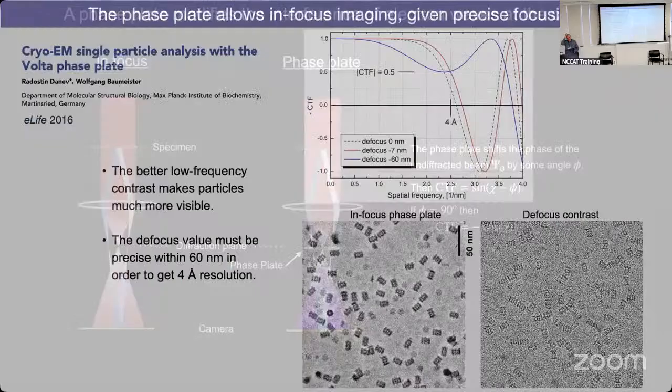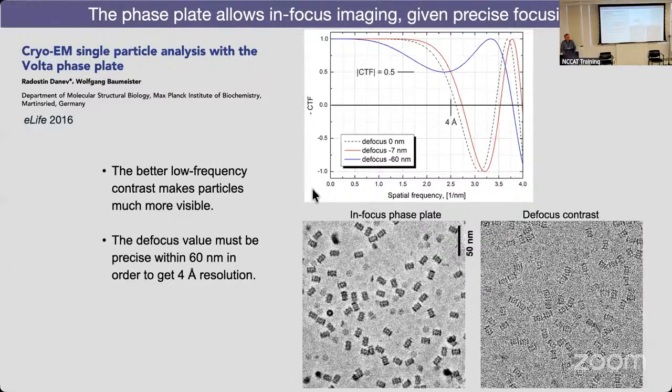So a practical phase plate was invented by Radostin Danev, and this is minus the CTF. This is a plot of the contrast transfer function as a function of defocus. This dashed line is 0 defocus, and you can see that here it is perfectly flat from 0 spatial frequency up to about 4 angstrom resolution, and then it starts oscillating.